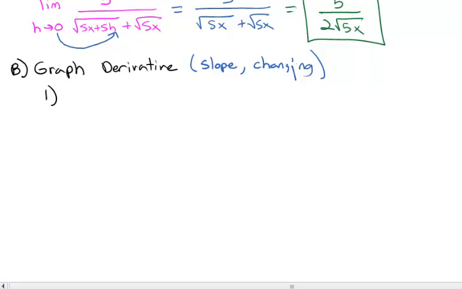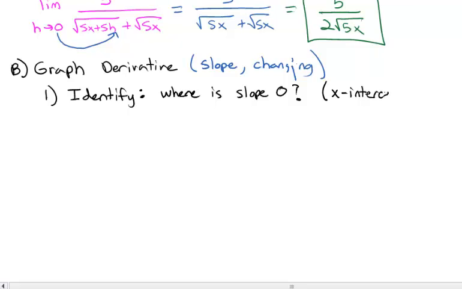And when we do that, it's going to be helpful to identify a few key things. Where is the slope 0? Because if the slope is 0, our y value is going to be 0. That's going to give us an x-intercept. We're also going to identify where the slope is increasing.